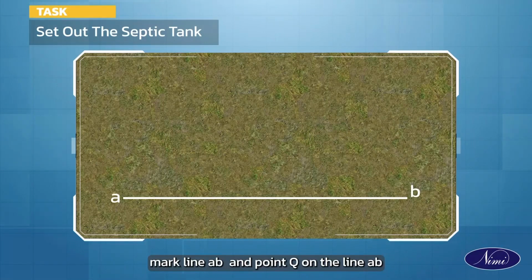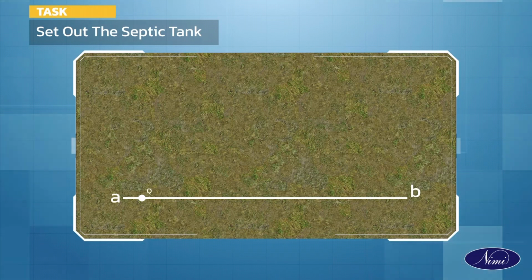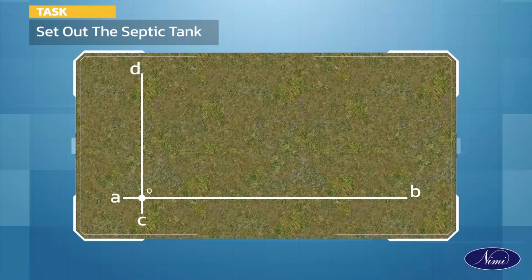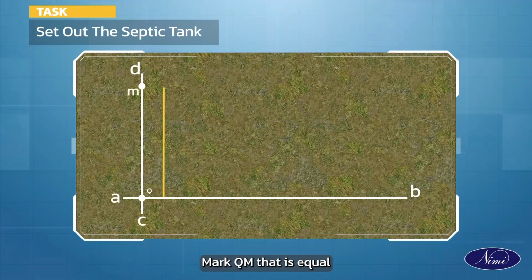Mark line AB and point Q on the line AB. From the point Q, draw a line CD. Mark QM, that is equal to 2.10 meters.